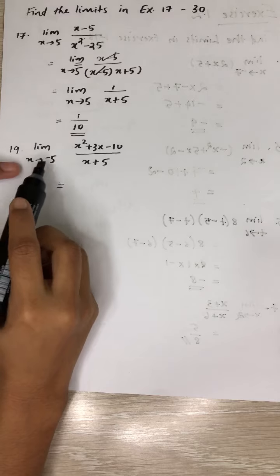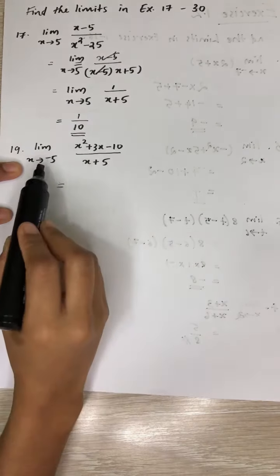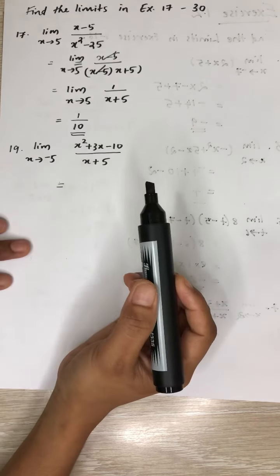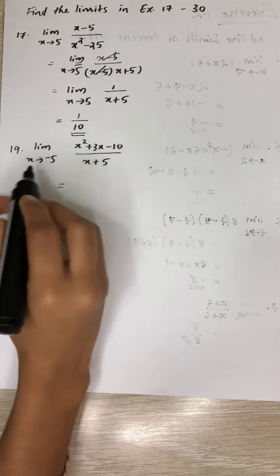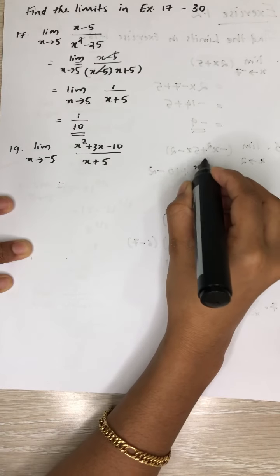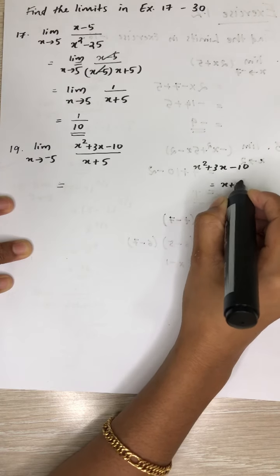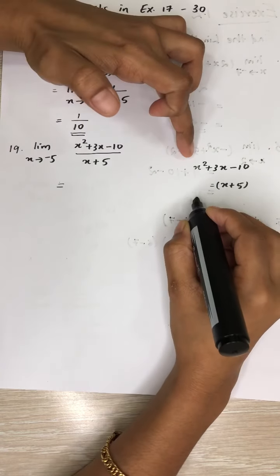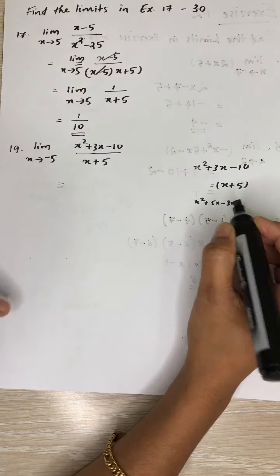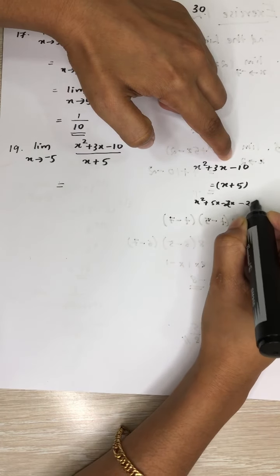Next question, limit x tends to minus 5, x square plus 3x minus 10 by x plus 5. Again the denominator, minus 5 plus 5, 0. So we have to eliminate the denominator. To eliminate the denominator, we can just factorize this one. x square plus 3x minus 10 can be written as x plus 5 into x minus 2, splitting it as x square plus 5x minus 2x minus 10. 5x minus 2x, minus 2 into 5.